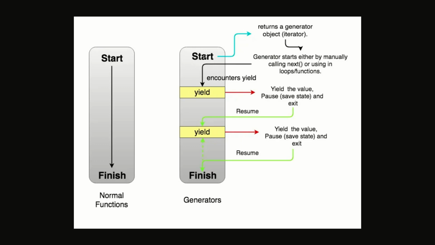It does not start again from the top. It starts from here and goes up to the next yield point, and if it finds another yield point, it will stop there. And if it is not there, it will just reach the finish line. This is how a generator function works and its execution happens.